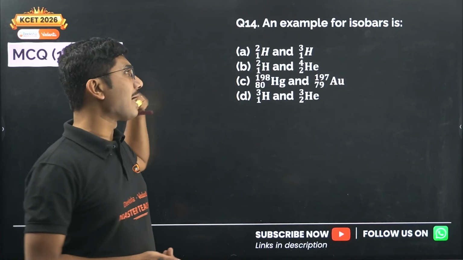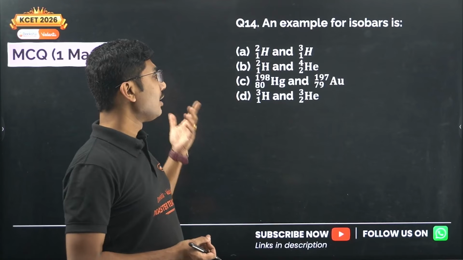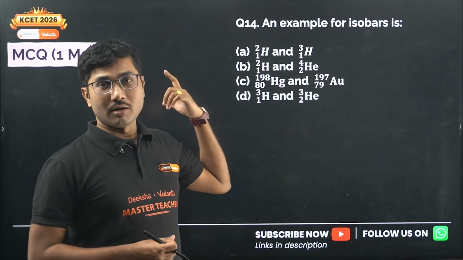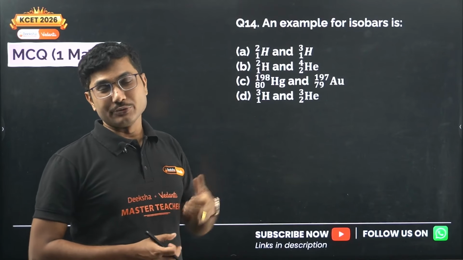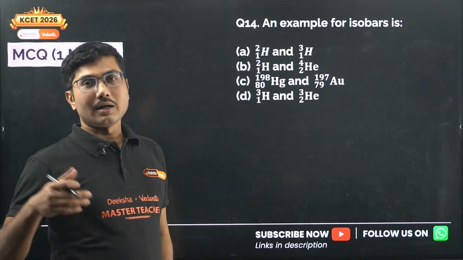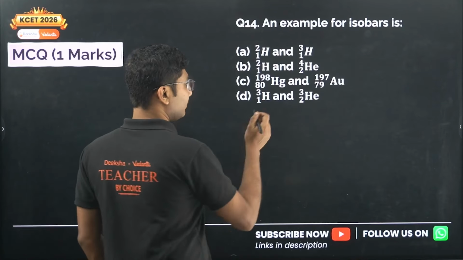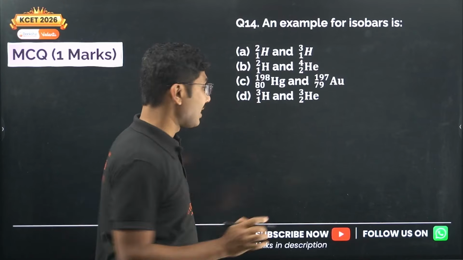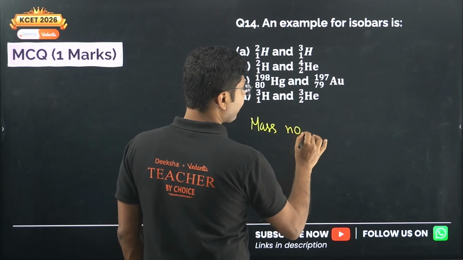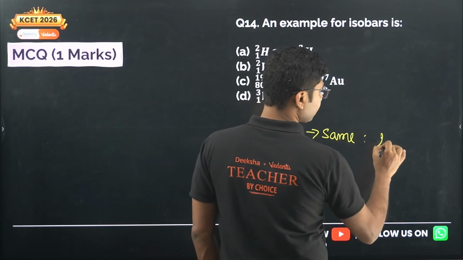Isobar is basically where two different elements have same number of proton plus neutron. If the proton plus neutron is same, that is, the mass number is same, they are called isobar.